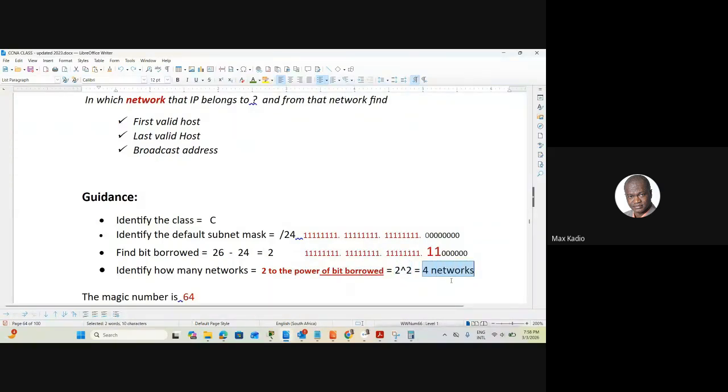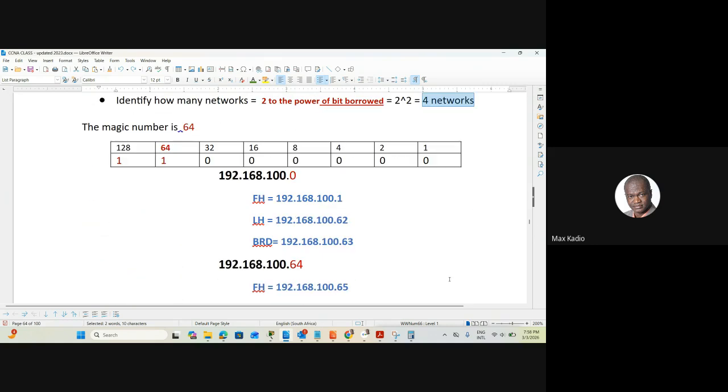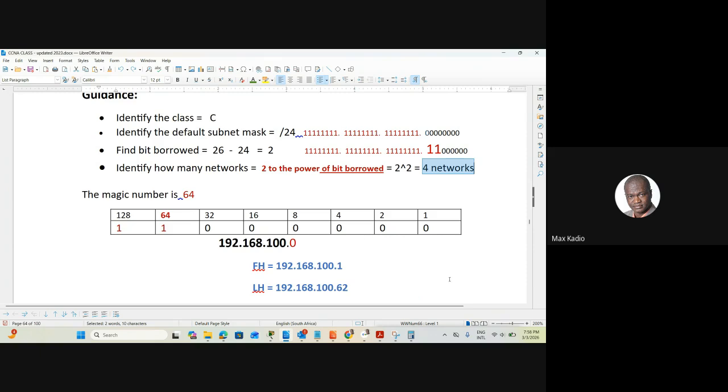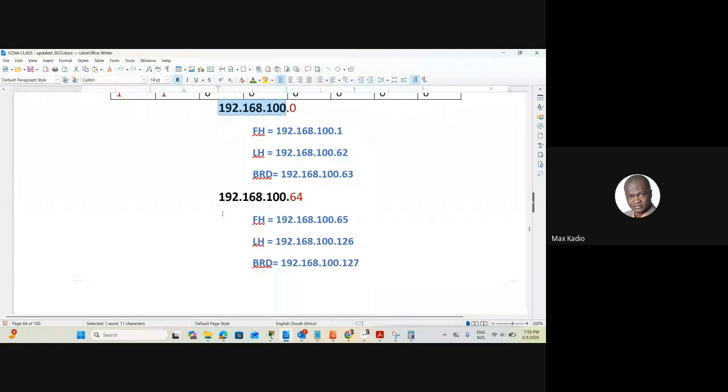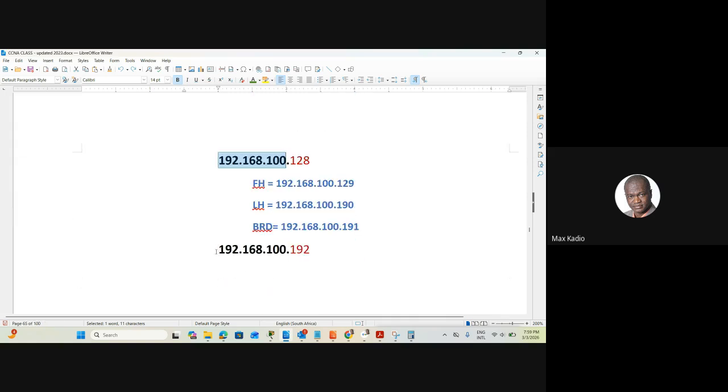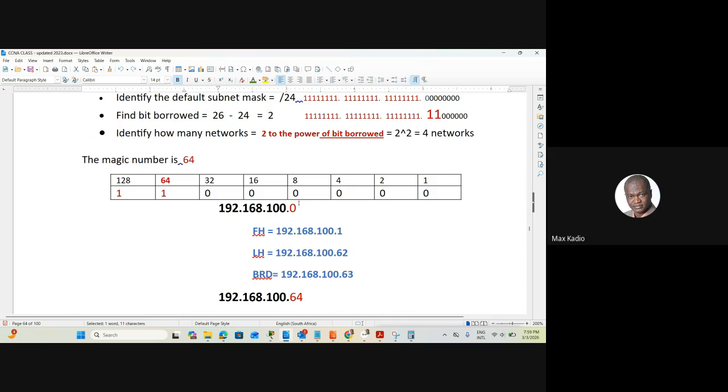And I need to list them, to write what the 4 smaller networks are. To find them, because it's a class C, the first 3 blocks never change. You leave them 1, 2, 3, and 4. Now, the challenge is to find the last one.